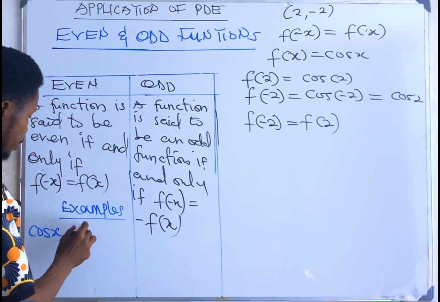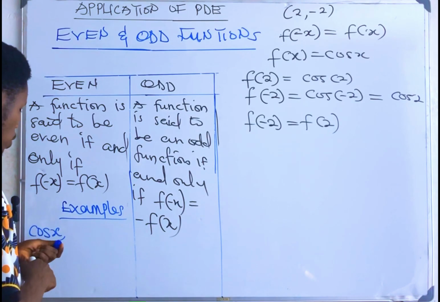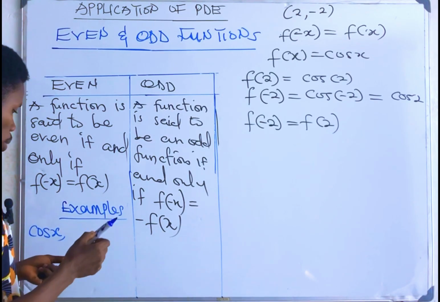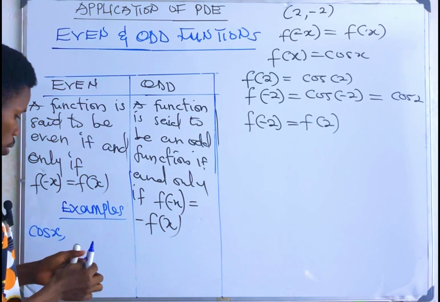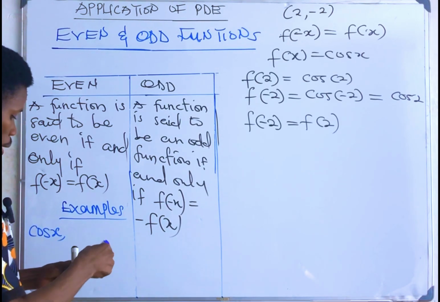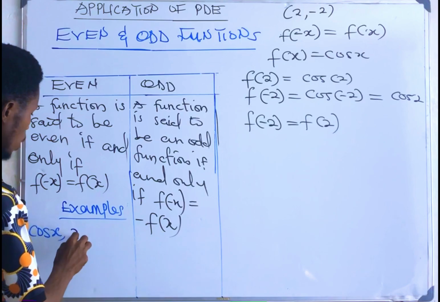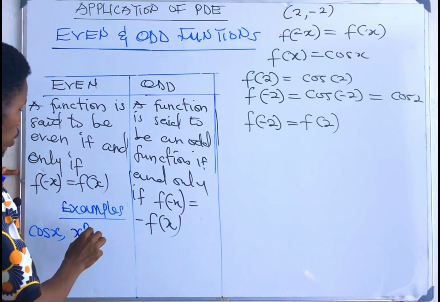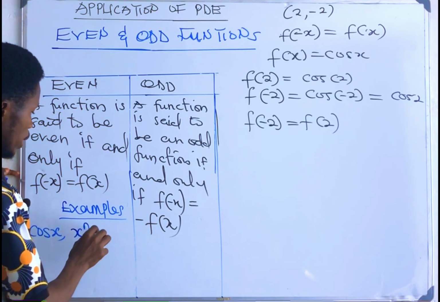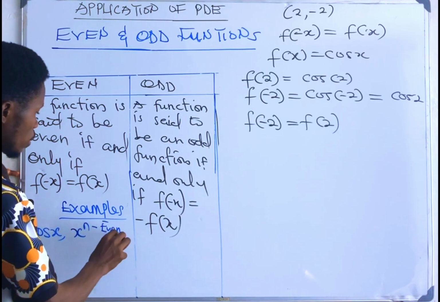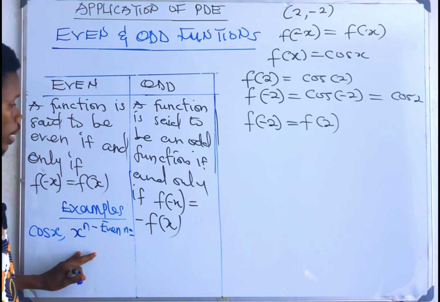Let's also look at this example, x to the power n, where n is an even number.